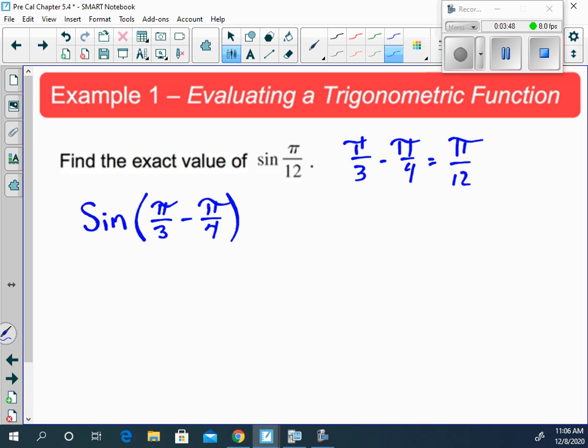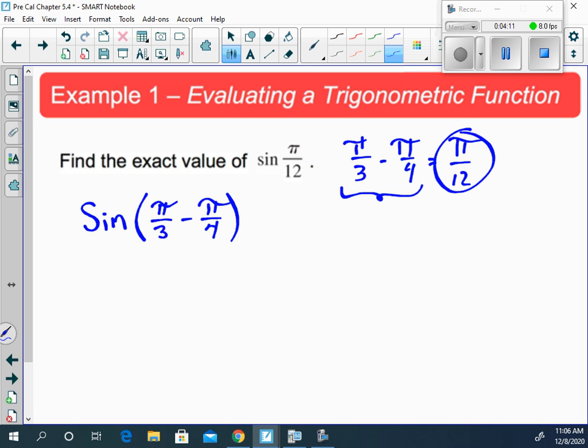So with addition and subtraction, if we didn't have these angles, like pi over 12 isn't on the unit circle, and we had to stick purely to the unit circle, well, pi over 3 minus pi over 4 gives us pi over 12. So sine of pi over 12 is the same as sine of pi over 3 minus pi over 4.